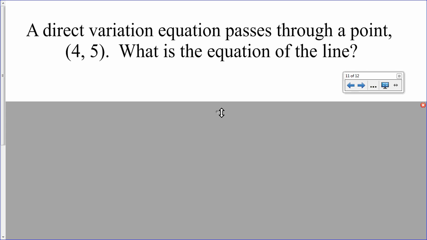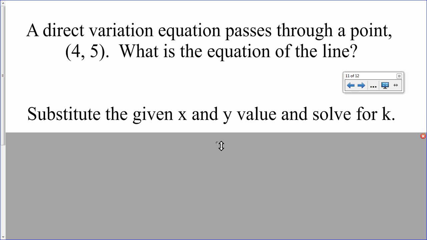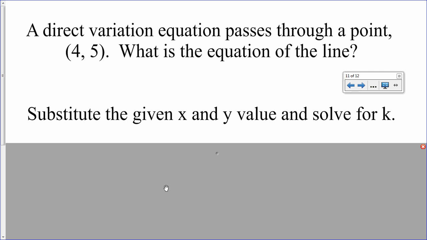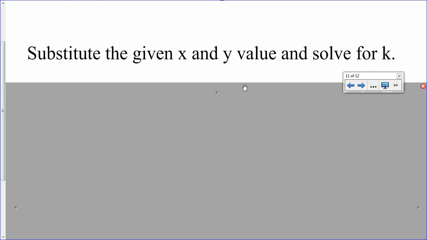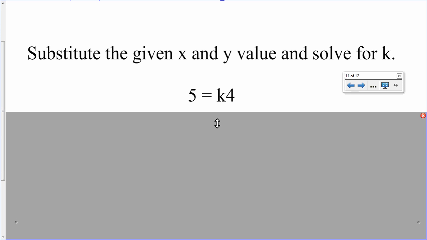A direct variation equation passes through a point 4, 5. What's the equation of the line? Well, we know direct variation has to be in the form of y equals k times x. So all we have to do is substitute the given x and y value and then solve the equation for k. That will give us our slope or our constant of variation.